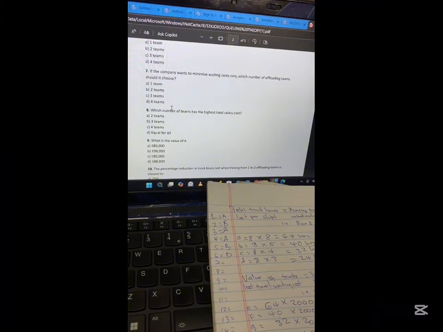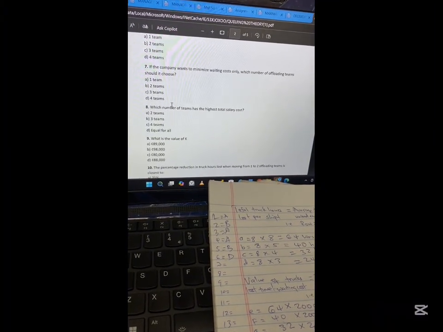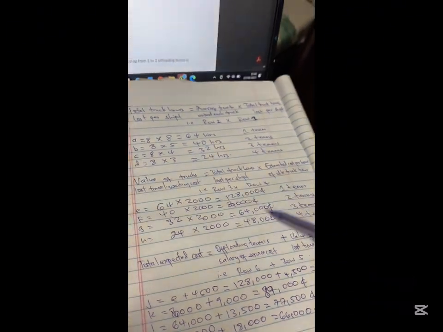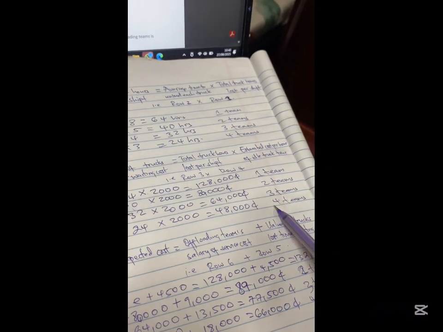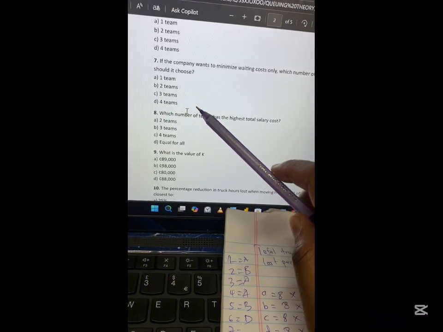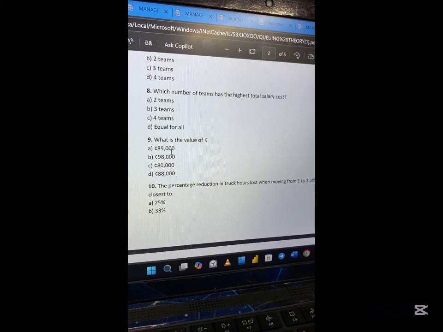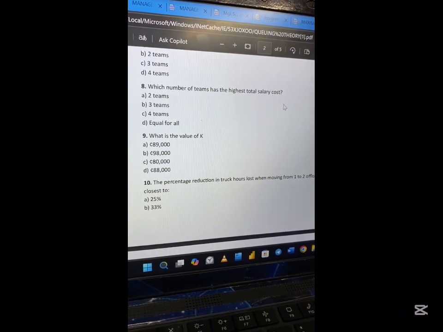Question 7 says, if the company wants to minimize waiting costs only, which number of offloading teams should it choose? So it means you want the least waiting cost, and the least waiting cost is 48,000, and is obtained by using 4 teams, which is option D. So question 8 says which number of teams has the highest total salary cost?